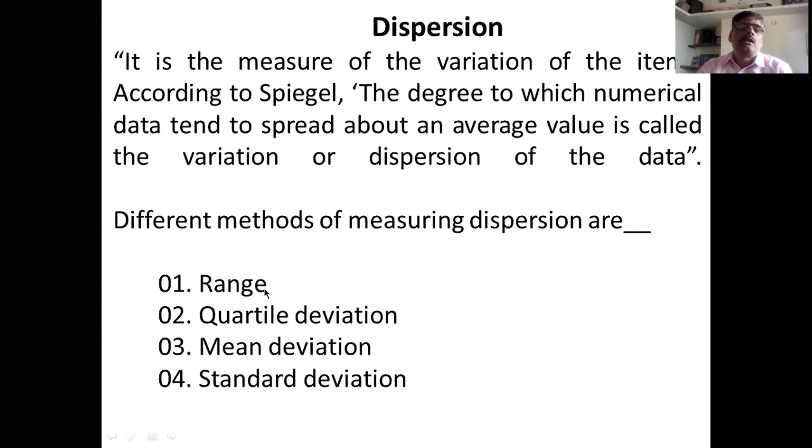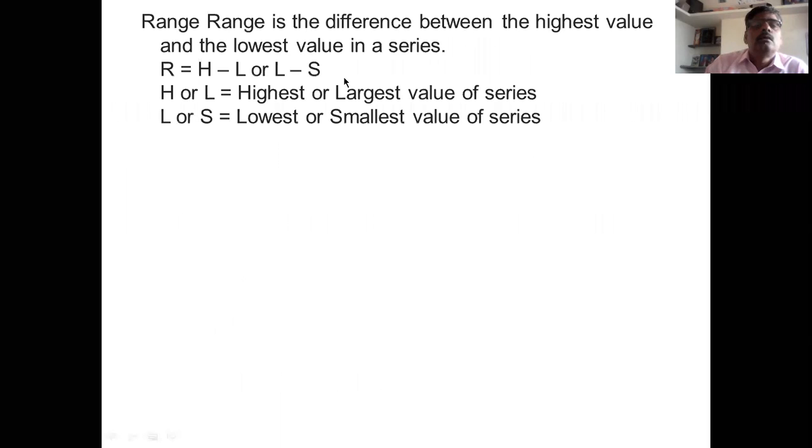Okay, first I'll take the range. What is range? Range is the difference between the highest value and the lowest value of the series. Remember this. Range is equal to H minus L, where H means highest value and L means lowest value.